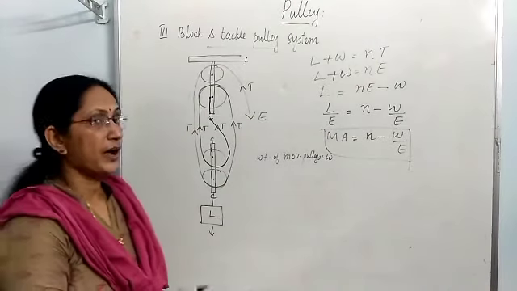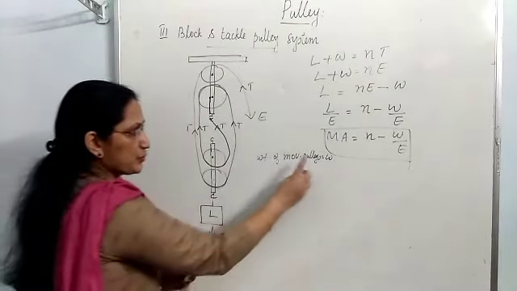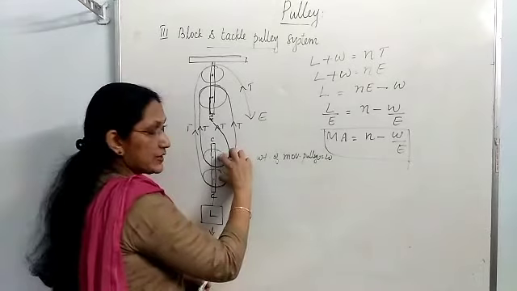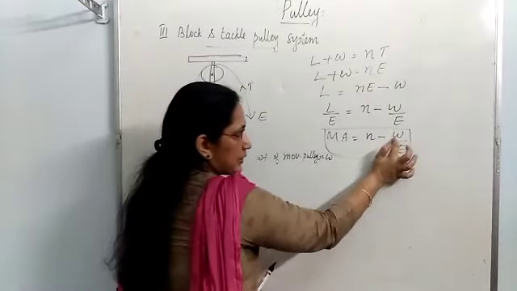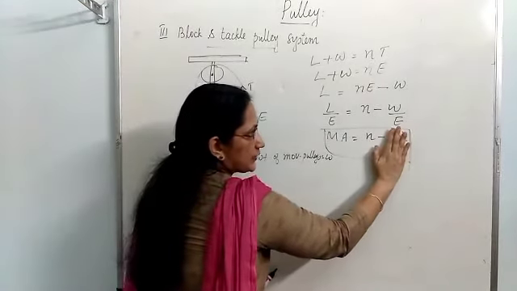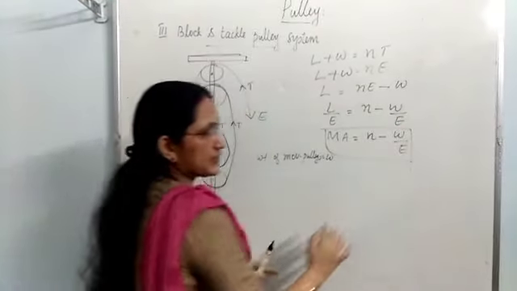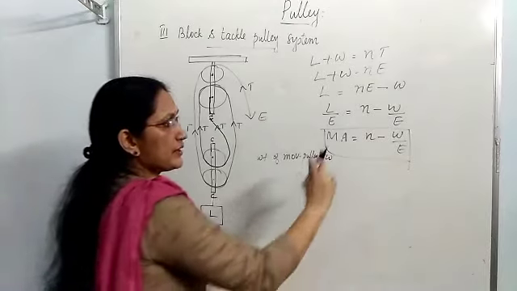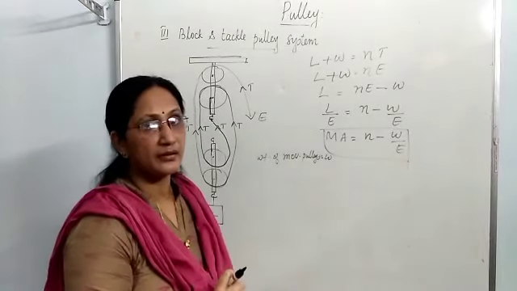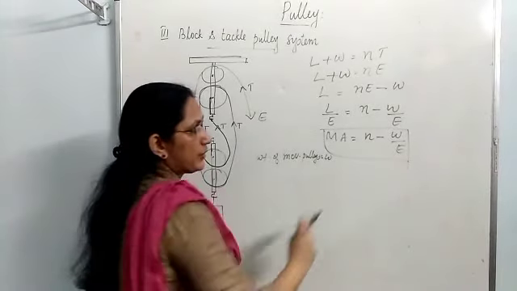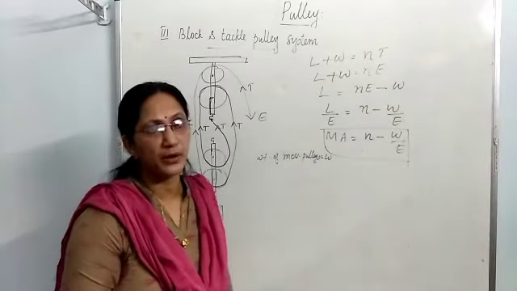So, in ideal working condition, we assume this weight of the movable pulleys as 0. Means W we will assume as 0. That means MA will be equal to the number of pulleys. But in real working condition, its MA will be slightly less than n, the total number of pulleys, and the formula is n minus W by E.